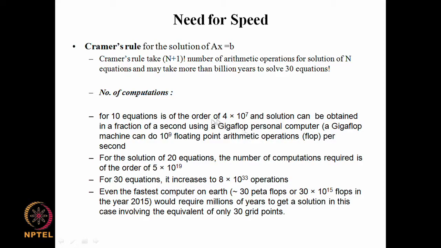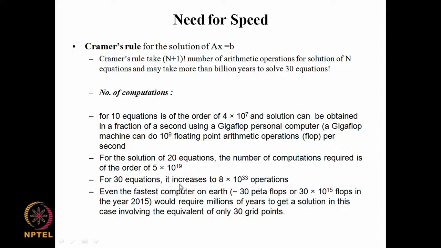So if you now have the same gigaflop kind of machine, the time it takes is the number of operations divided by the number of operations it can do per second, which is 10 to the power 9. So that is 5 times 10 to the power 10 seconds. And if you go to 30 equations, the number of operations required will be 8 times 10 to the power 33.